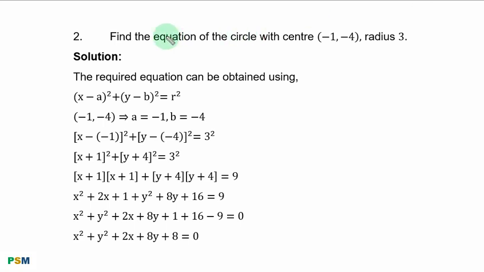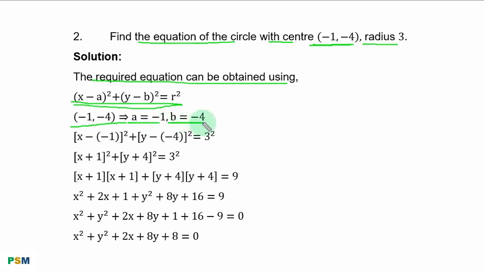Number 2, find the equation of the circle with center (-1, -4), radius 3. Solution. The required equation can be obtained using equation 1 stated earlier. From the given center, it implies a equal to -1, b equal to -4.